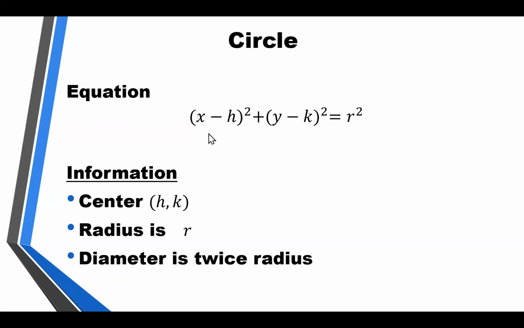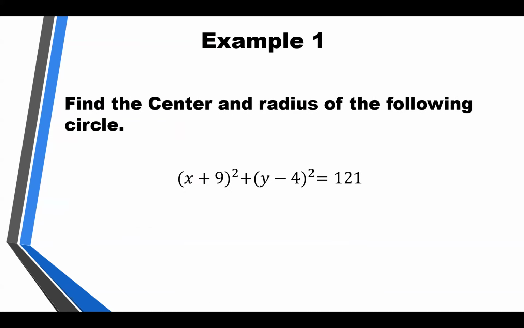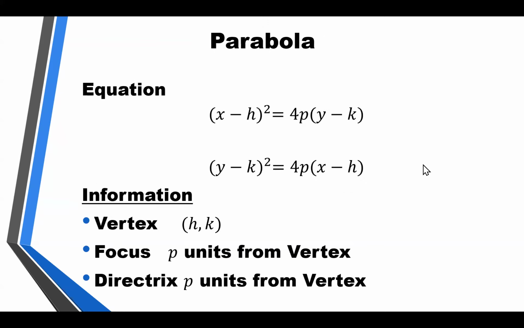Our equation is just this, and the information is that the center is (h, k), radius is r, and the diameter is the line segment that goes from a point on our circle through the center, hits another point on our circle. So it's twice the radius. So circles are fairly nice conic sections to deal with.